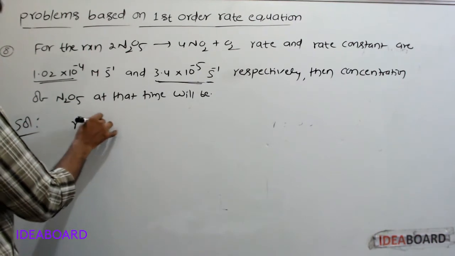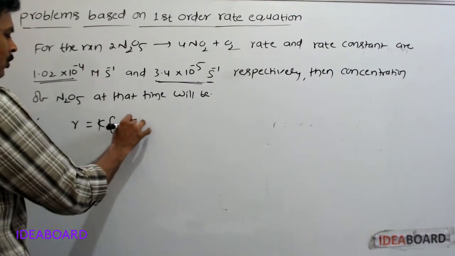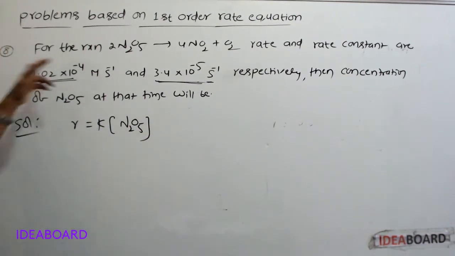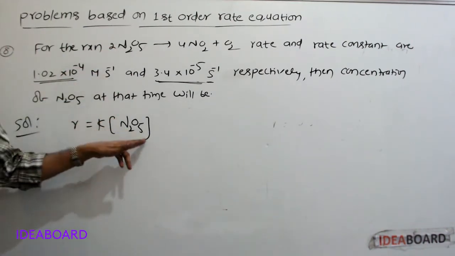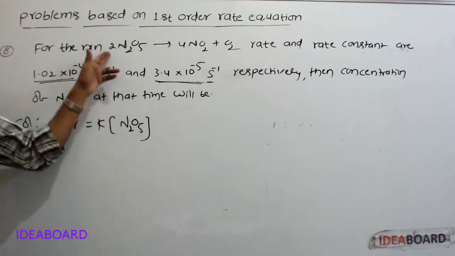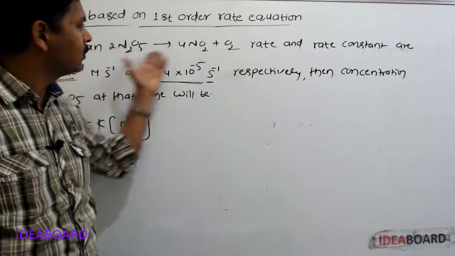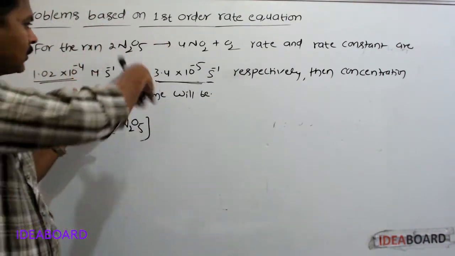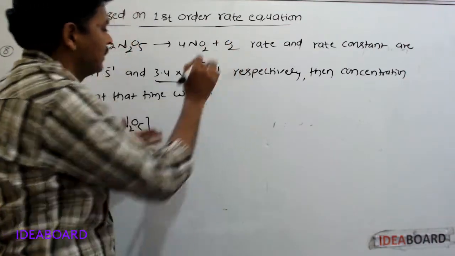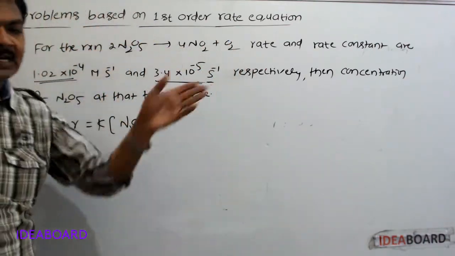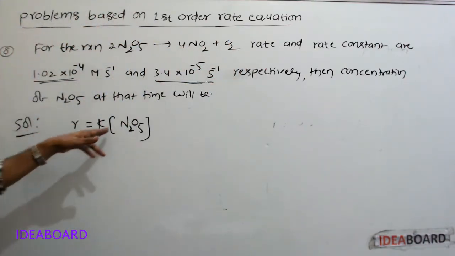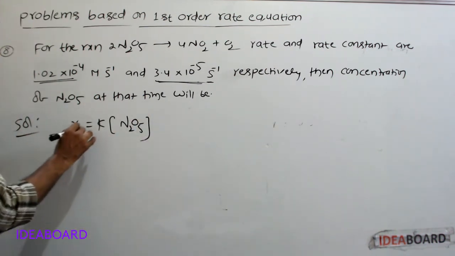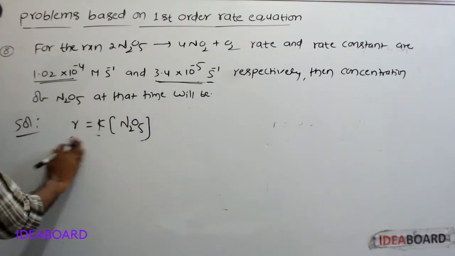Then rate is equal to K into N2O5 concentration. Here we should not write N2O5 concentration power 2. Even though 2 moles of N2O5 is there, it follows first order kinetics only. Even if we don't know that, by using this unit, we can say it follows first order kinetics. Rate is given, K is given, calculate N2O5 concentration.